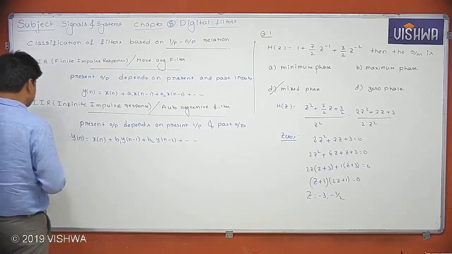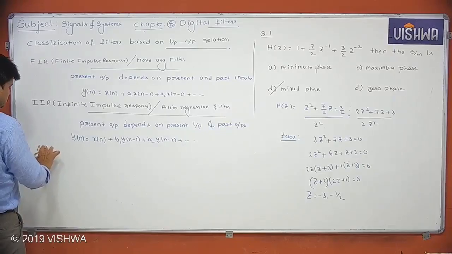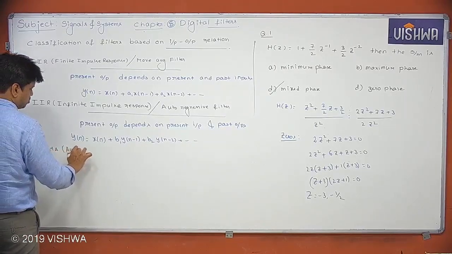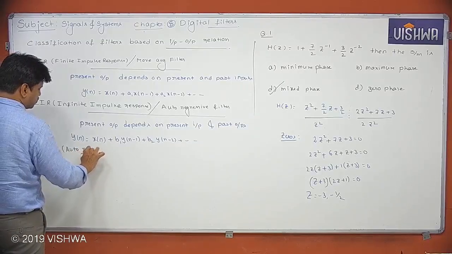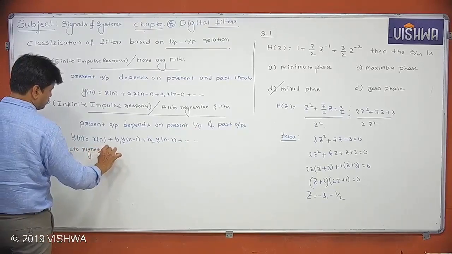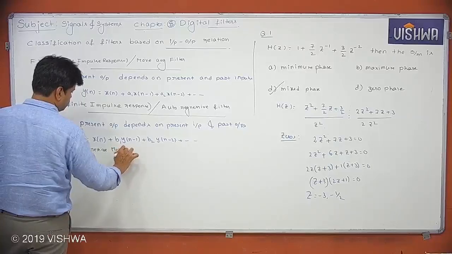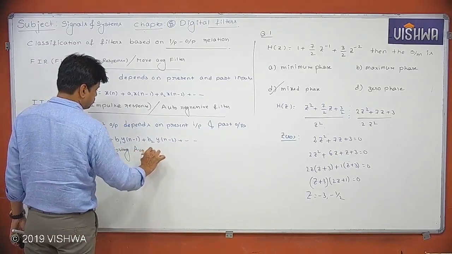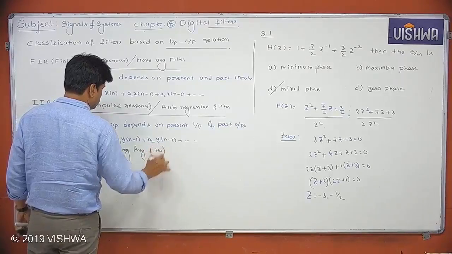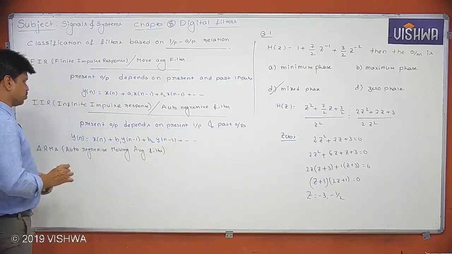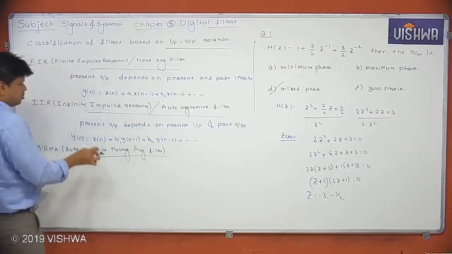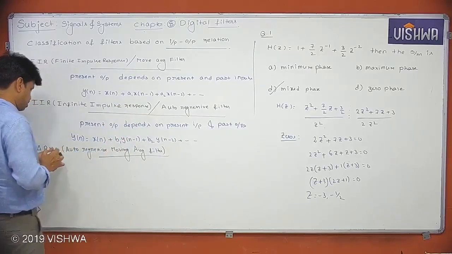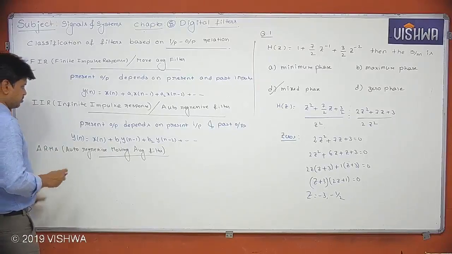And there is another filter, the ARMA filter, autoregressive moving average filter. So in this, both kinds of things we have to say. That means the present input has to be there, past inputs have to be there, and past outputs have to be there. Then we can say ARMA filter.